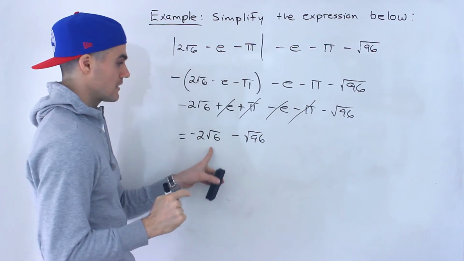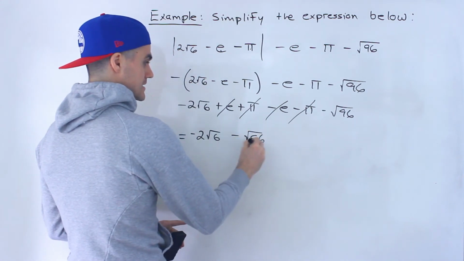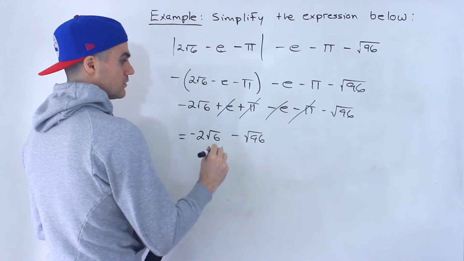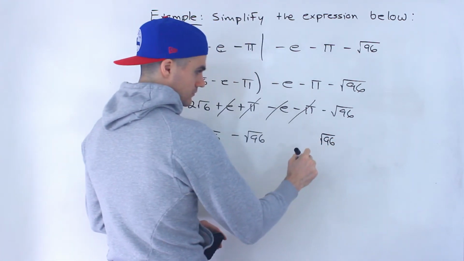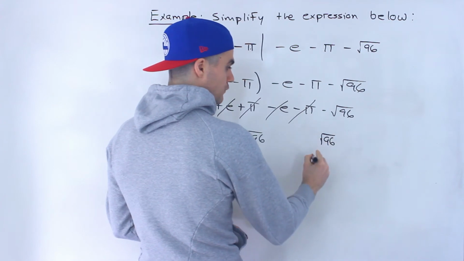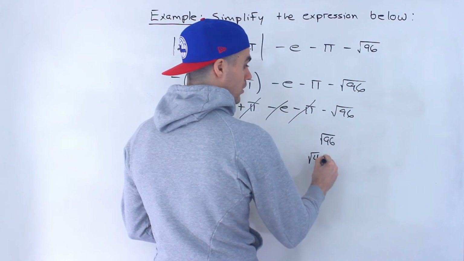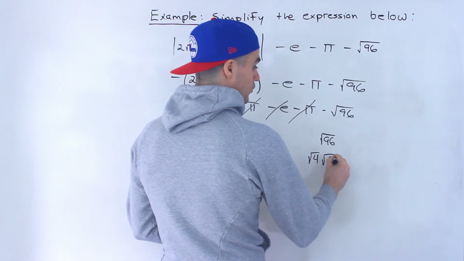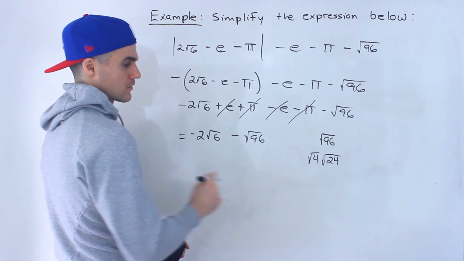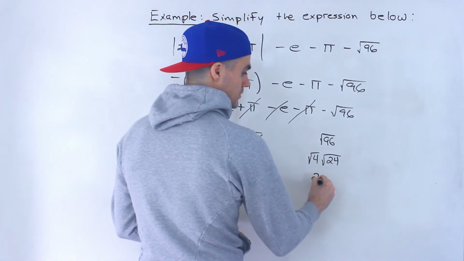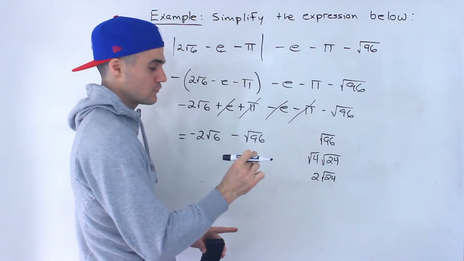But we can simplify this further because of this root 96 here. If we do it on the side here, notice we can divide this by 4. So root 96 we can rewrite as root 4 multiplied by root 24. Root 4 we know is 2, so it would be 2 root 24. So root 96 is the same as 2 root 24.